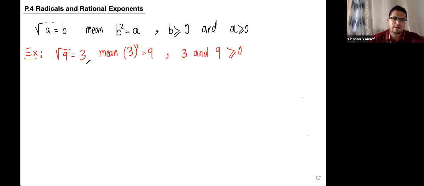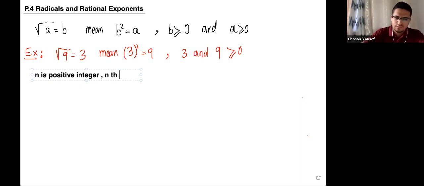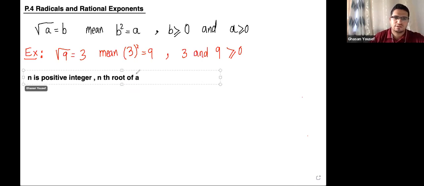This is for the square root, but for the nth root, the definition is: n is a positive integer, and the nth root of a, written n of a, is b.